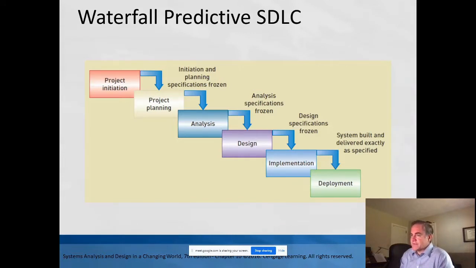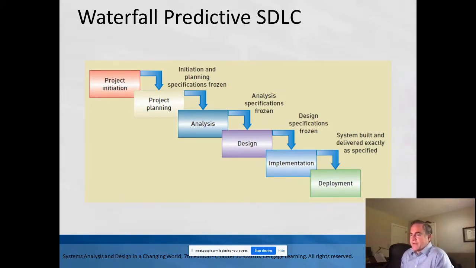And notice it says the initiation and planning specifications are frozen at this point. So you cannot change them once you go into analysis. Once you do all your analysis steps, then those are frozen when you fall into design. Design's frozen when you fall into implementation, and implementation's frozen, and it's built exactly the way it's planned. And finally, then that would go into deployment.